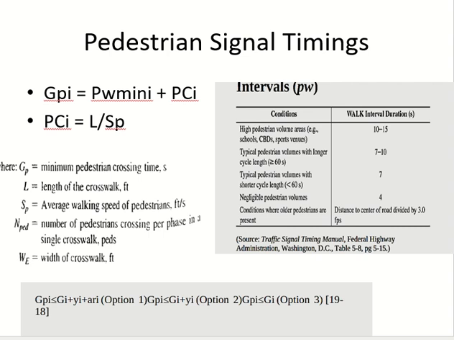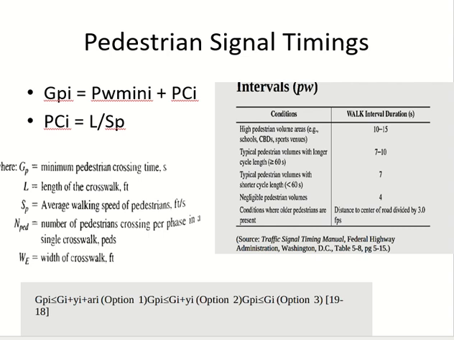Pedestrian clearance time also means the same thing: pedestrians who are already on the road. They already started crossing, now they are on the road, so this PC is for them to clear the road.